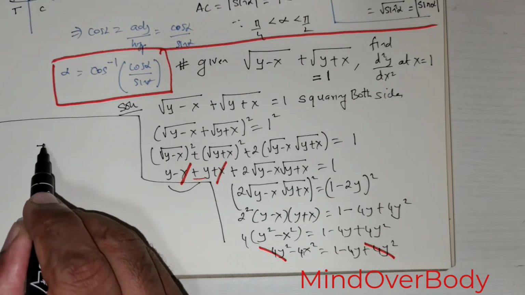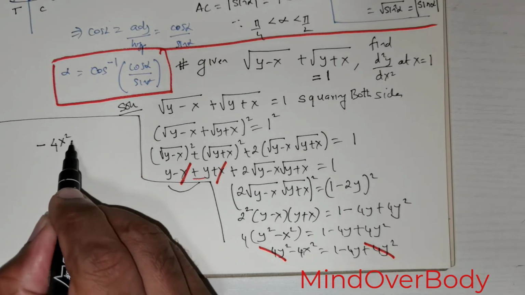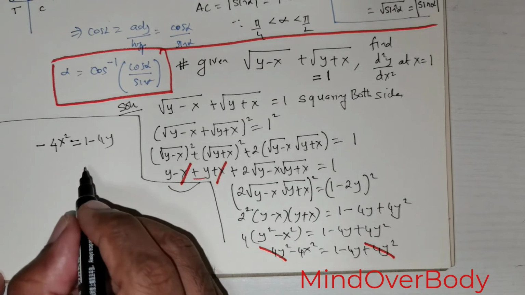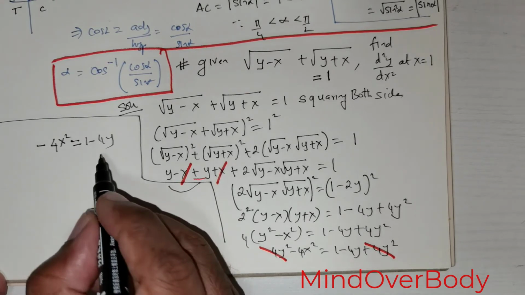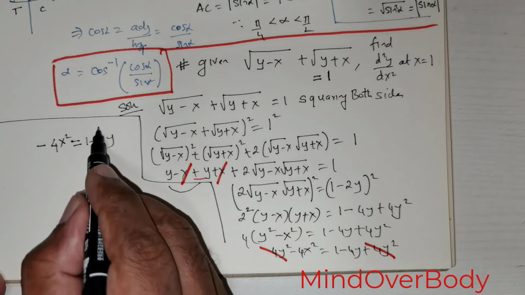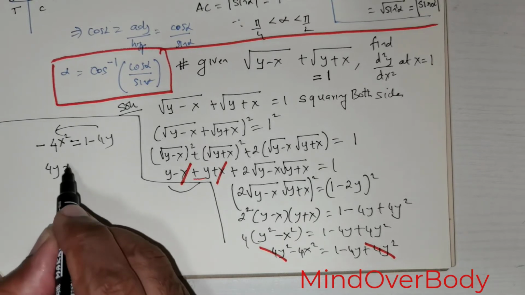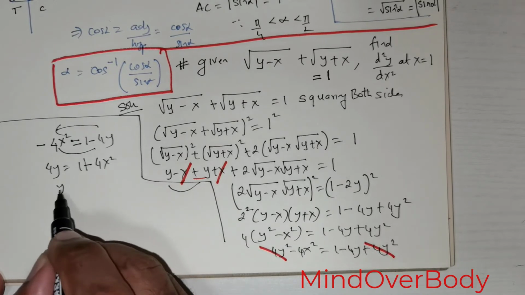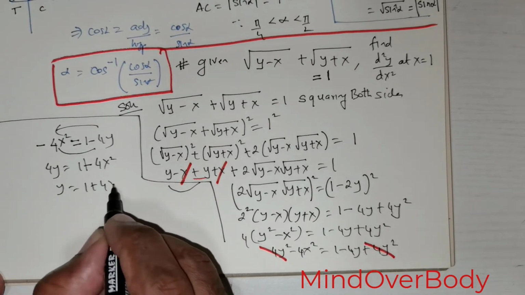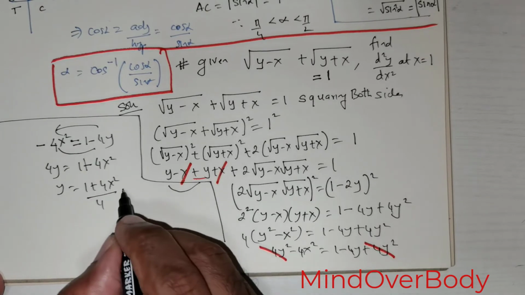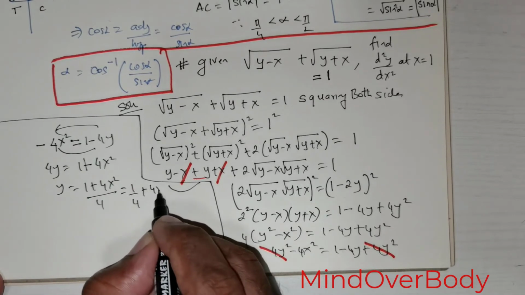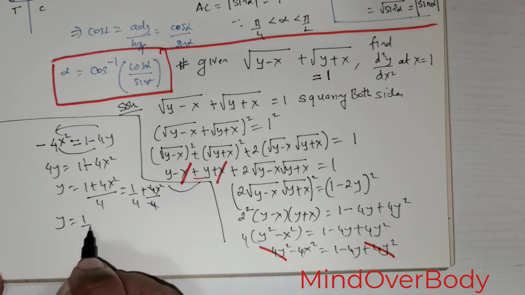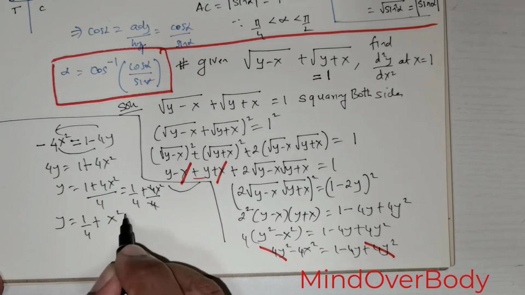On the left hand side you have negative 4 times x squared is equal to 1 minus 4 times y. Now what I wish to do is extract y. So I will push this to the other side. So 4y, I will bring to this side: 1 plus 4 times x squared, and rewrite this as y is equal to 1 plus 4x squared divided by 4. I'm going to rewrite this as 1 over 4 plus 4x squared over 4. 4 can be cancelled, so y is equal to 1 over 4 plus x squared.